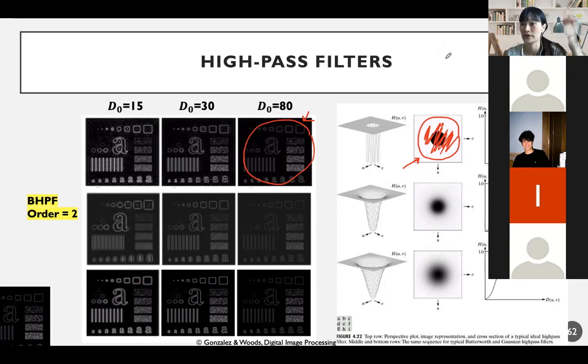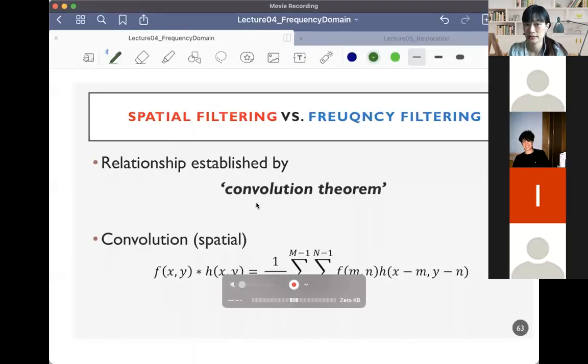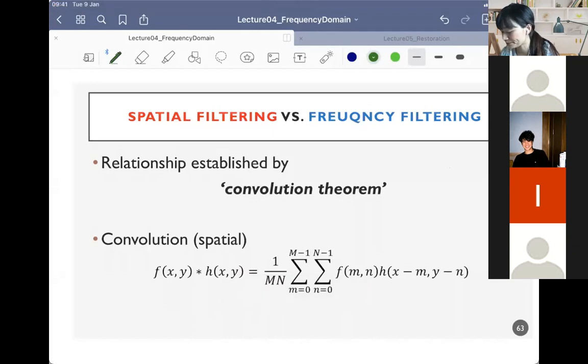When you shift the origin to the center, you'll be able to say where is the location of low frequency or the high frequency. That's all the core information of this topic. So I think this one is the last topic in this chapter, in this lecture.